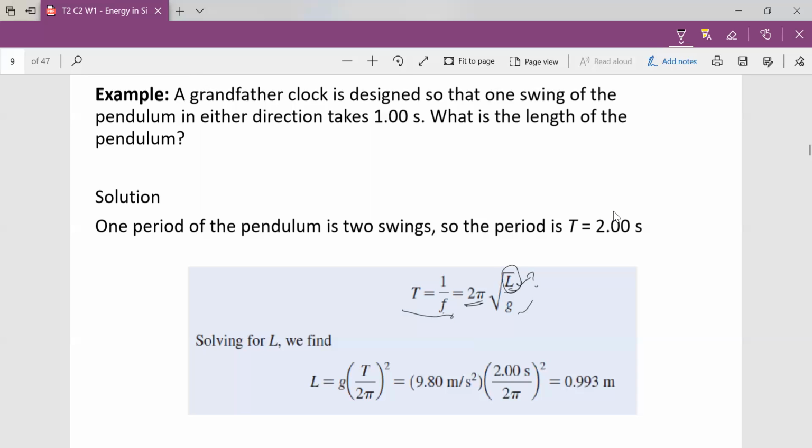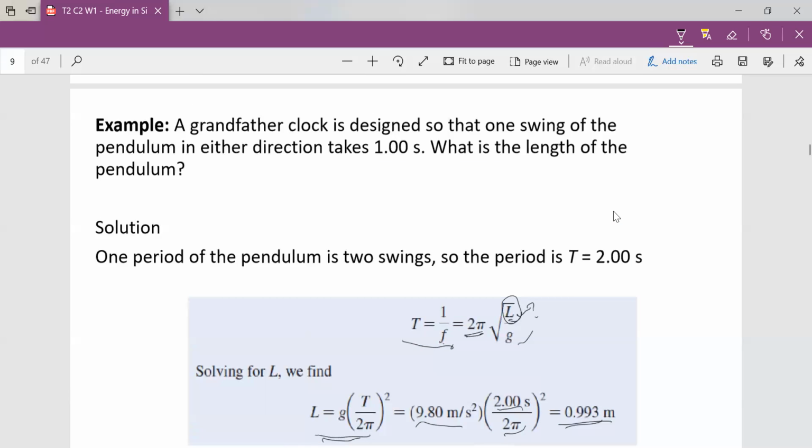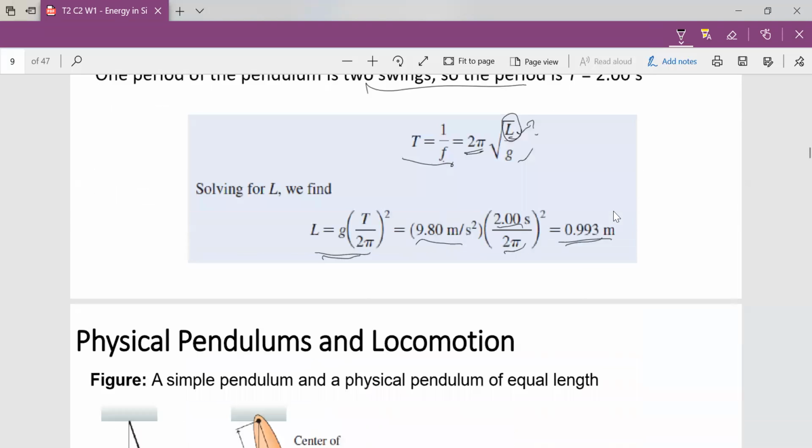If we make L the subject of the formula, we have L equal to g times the period over 2 pi, squared. So we substitute g as 9.8 and the period as 2, all over 2 pi squared, and we have 0.993 meters. That is the length of that pendulum rope. But once we say pendulum, you already know it's a ball tied to a thread or a rope.